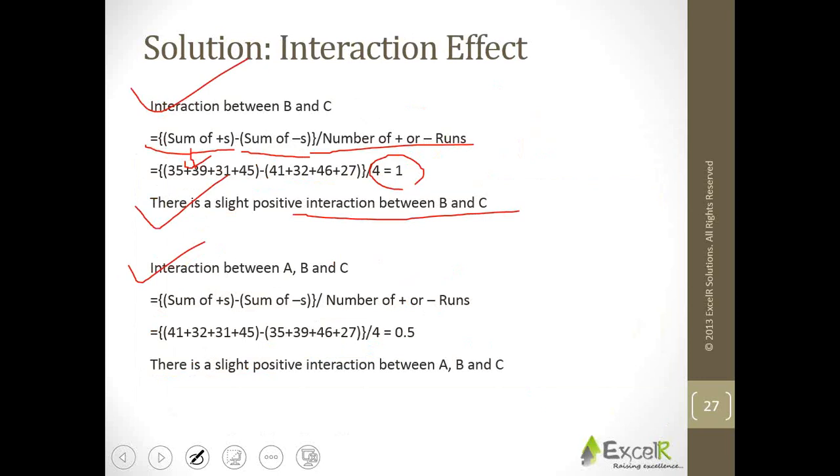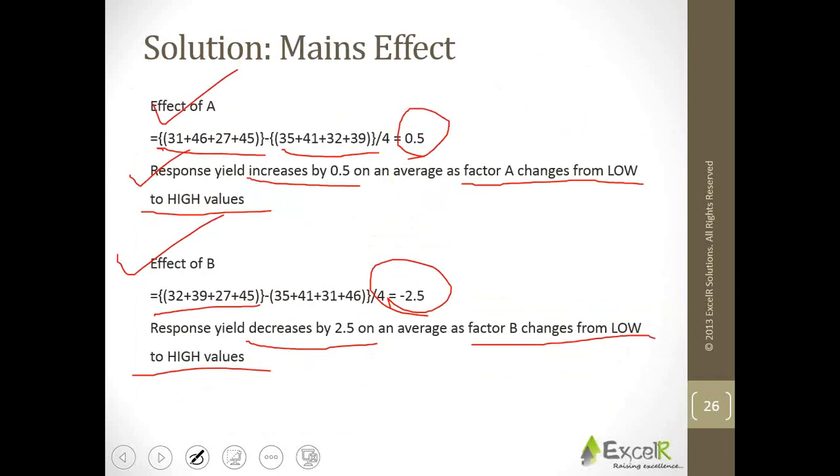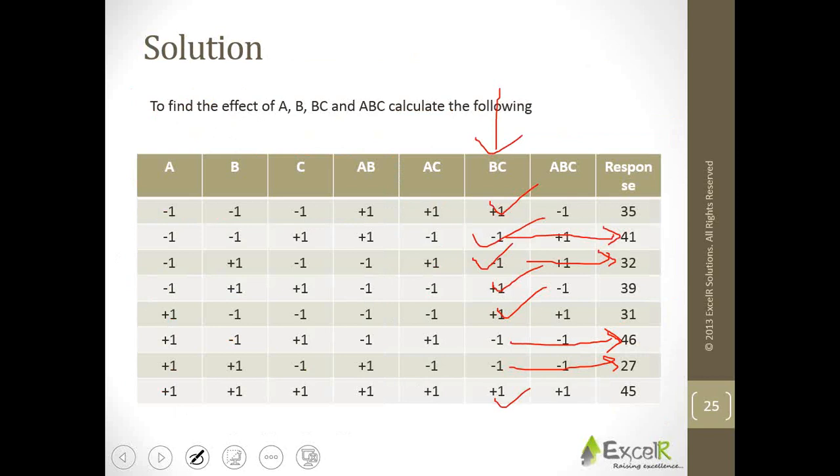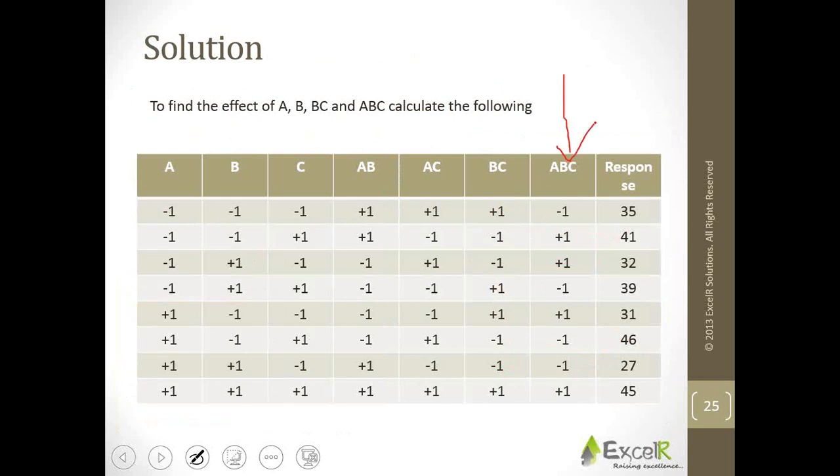Interaction between A, B, C. For this, you simply jump to the column which shows ABC interaction. You once again sum up. So in order to identify the interaction effect of ABC, we need to refer to this column.